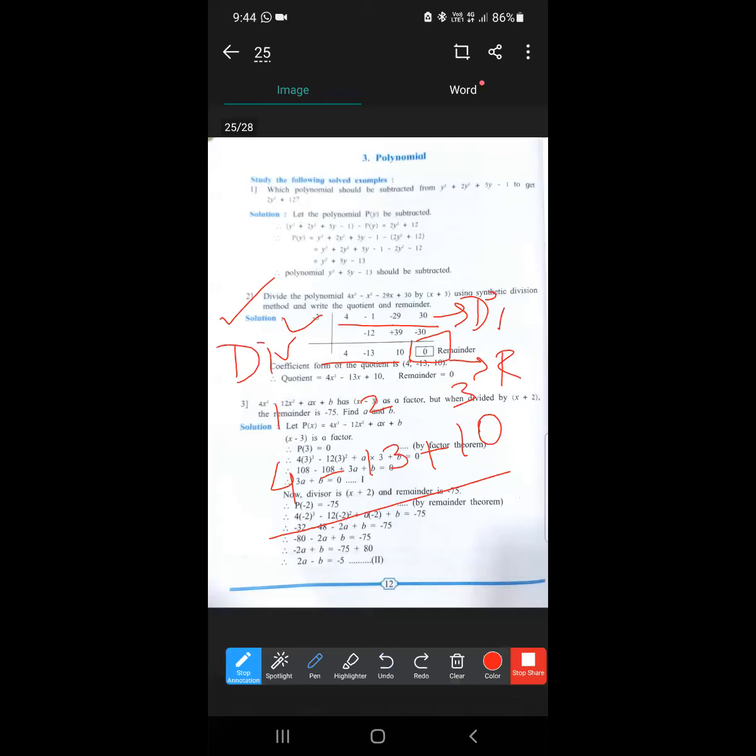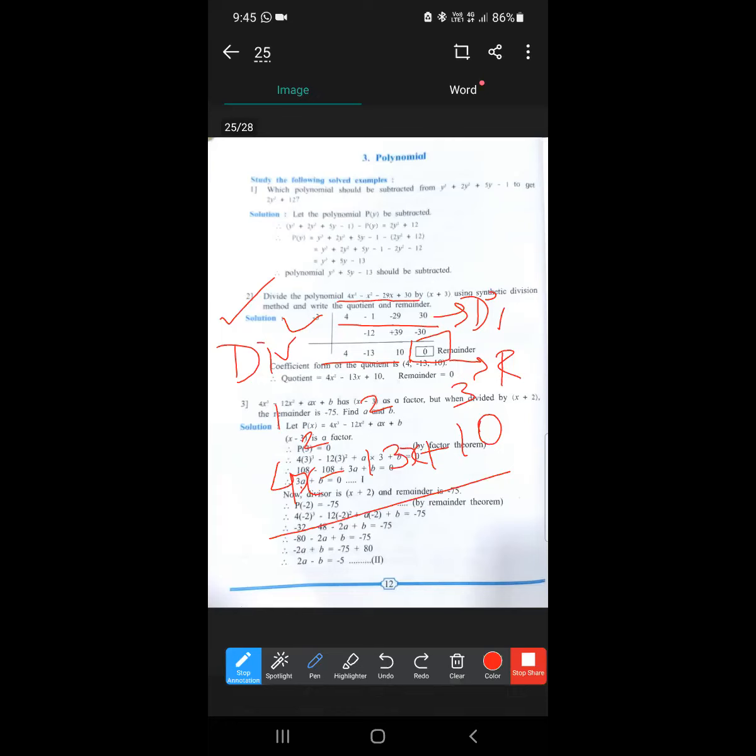So here 4, minus 13, and plus 10: 3 terms are there, so minus 1 gives 2. Whenever you write the quotient in polynomial form, this is very important: 2 will be the highest degree. So it will be 4x squared. Since your polynomial is in terms of x, you need to use x only. You cannot use any other variable except x. So 4x squared minus 13x plus 10.